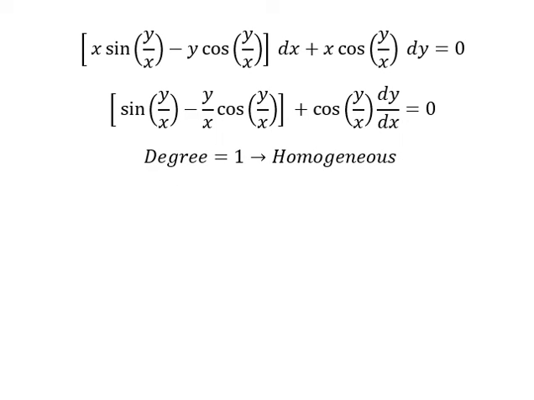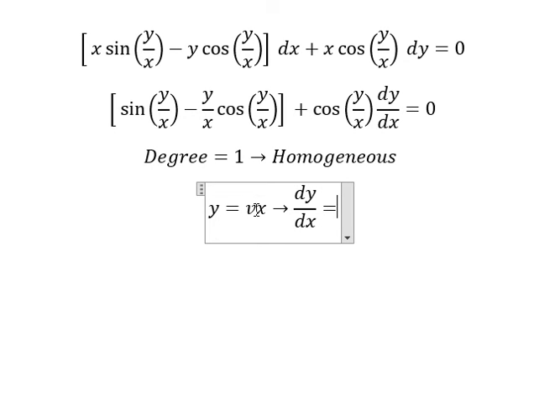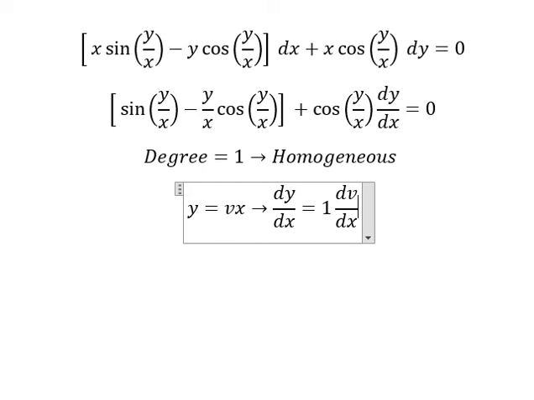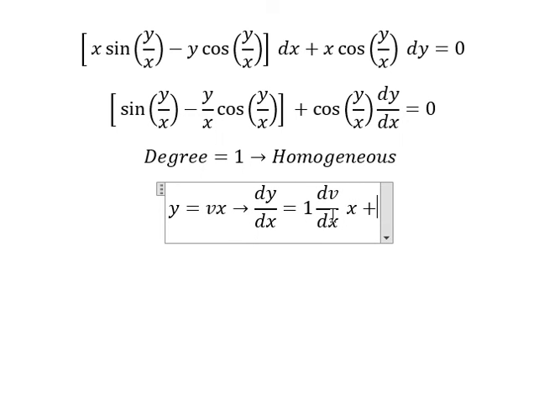So I will put y equals vx. Later, we need to take the first derivative of both sides. This one we have 1 dv over dx multiplied by x.